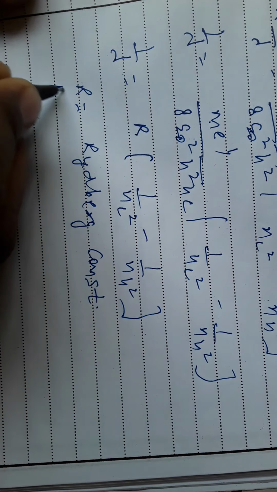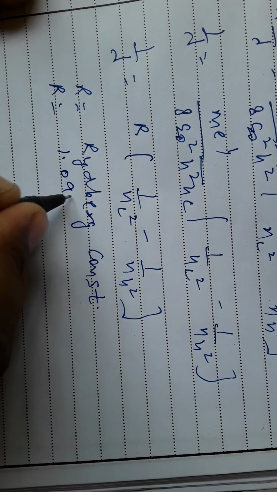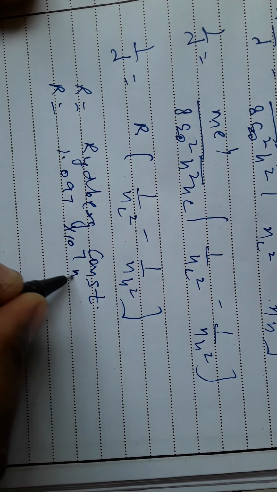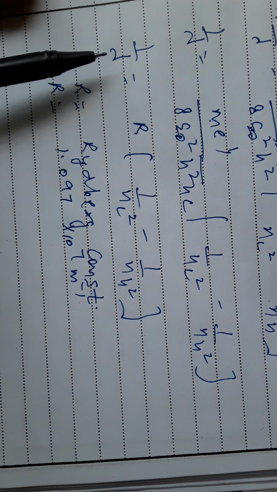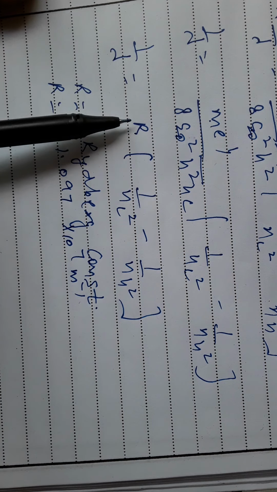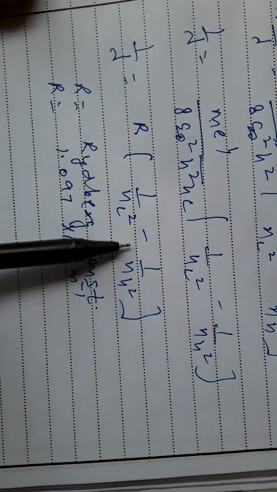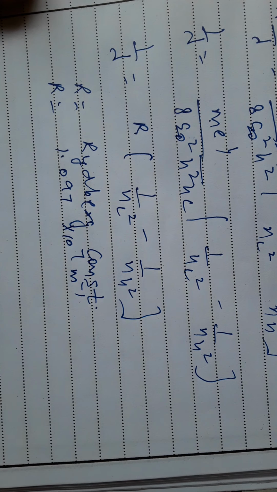The value of the Rydberg constant is 1.097 into 10 power 7 per meter. To calculate the wavelength, we can use the relation 1 by lambda is equal to R into 1 upon nl square minus 1 upon nh square.